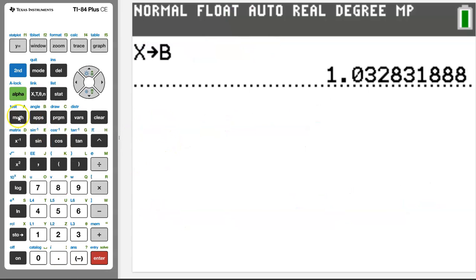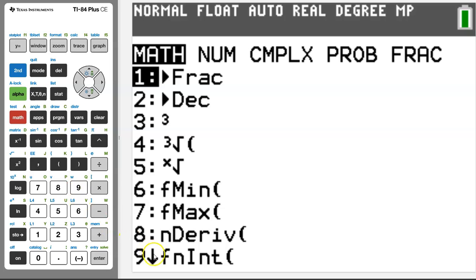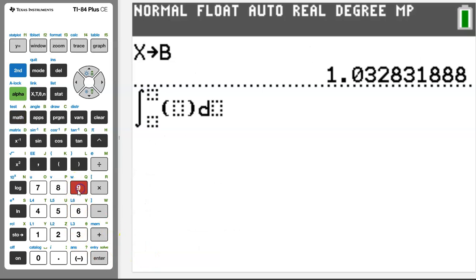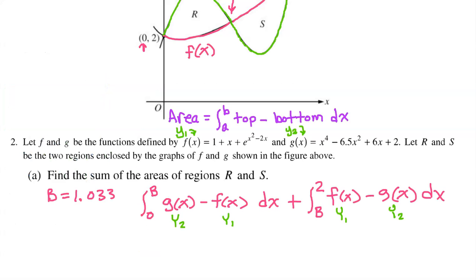To integrate, you hit the math button and choose option 9 for integration. We are integrating from 0 to b. So I'll put 0 and alpha b. For this first one, we're doing g minus f. That's y2 minus y1.